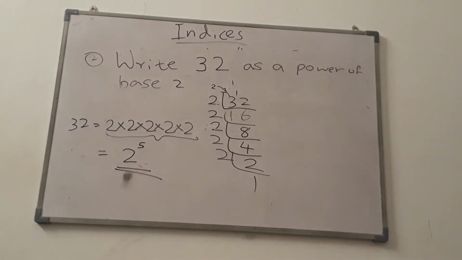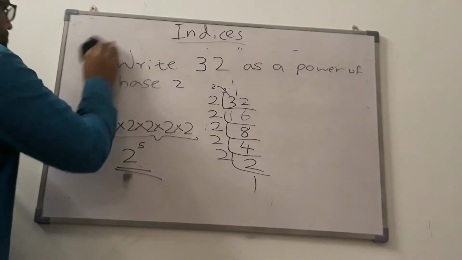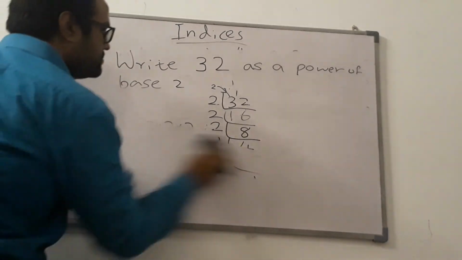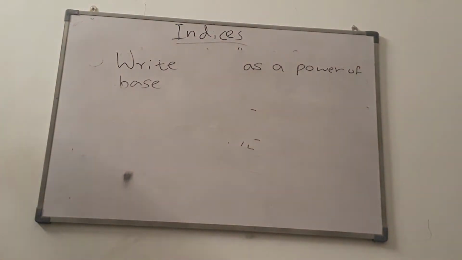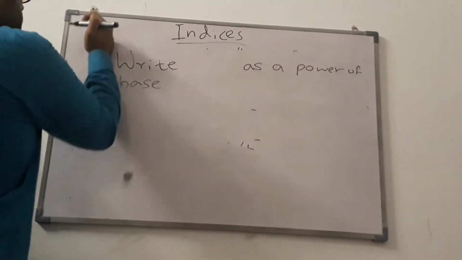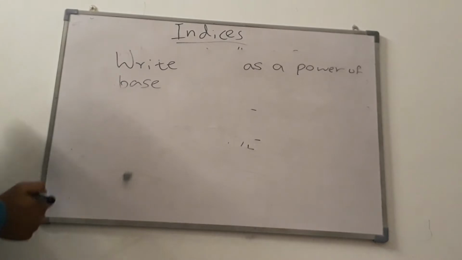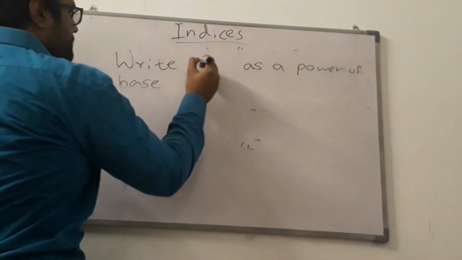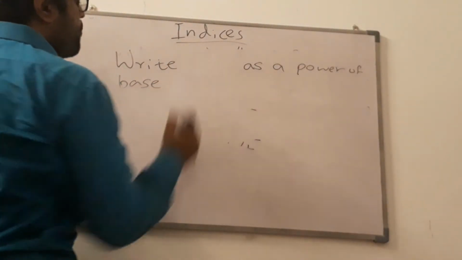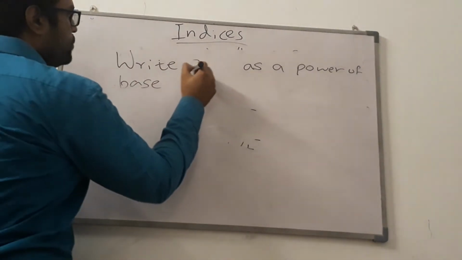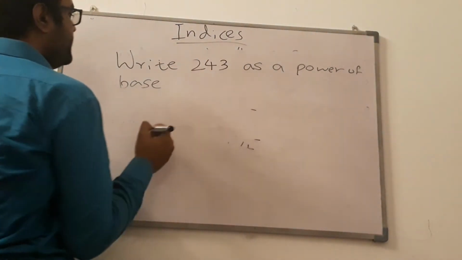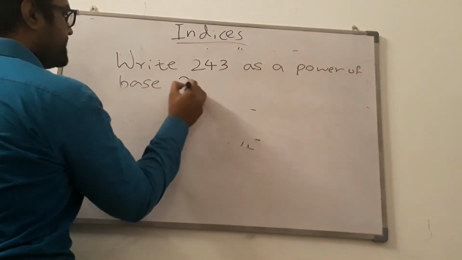Okay. Another question. 243 as a power of base 3.